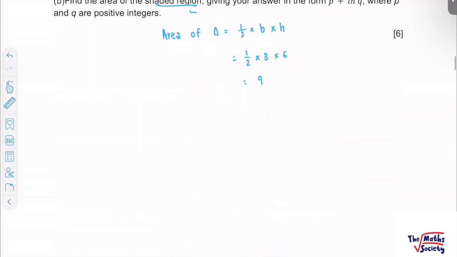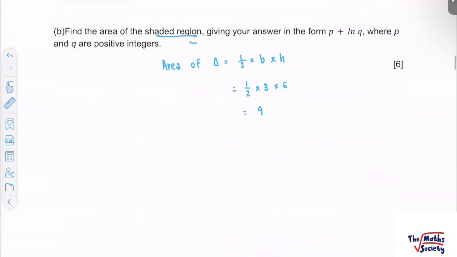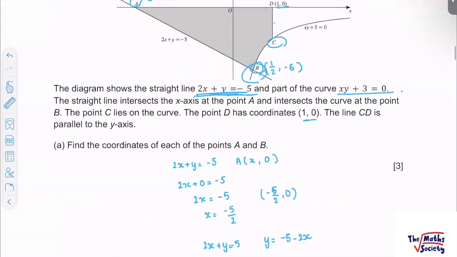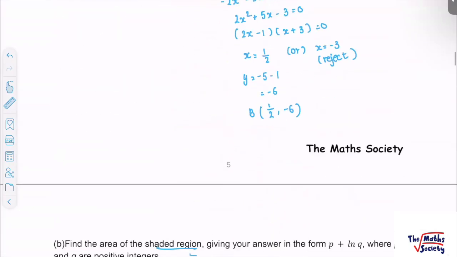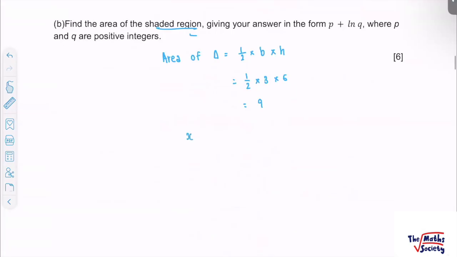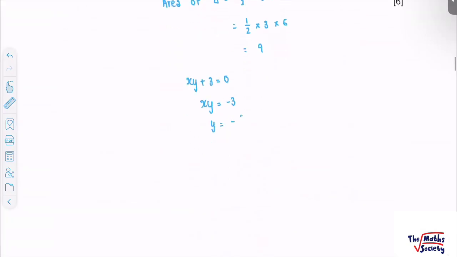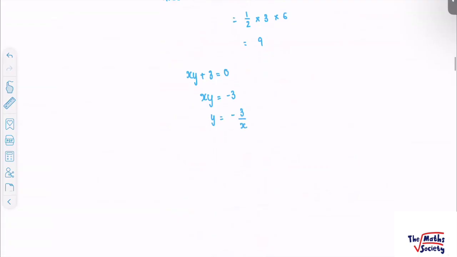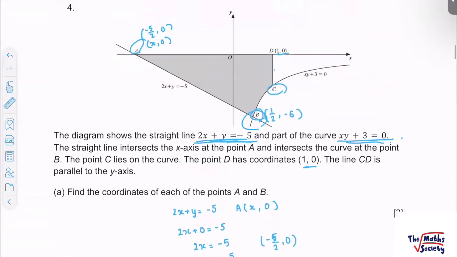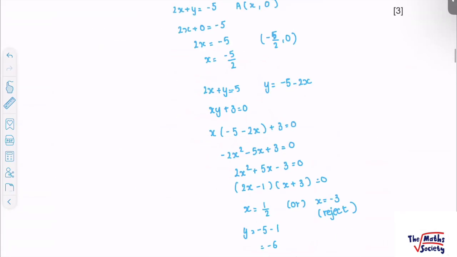Yep. And then we know, what was the equation again? So that was xy plus 3 equals 0. This is the curve. We know that xy is going to equal minus 3. So y is going to be minus 3 by x. So we're going to integrate this from half to 1.